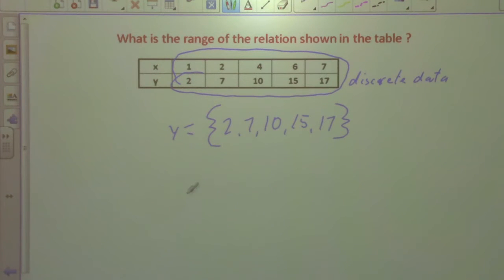Another way you could write this is in interval notation, and that's going to be like this. Yeah, this is going to be a little bit awkward, okay? To me, this set notation is a little more efficient, I think. So, anyway, that is that.